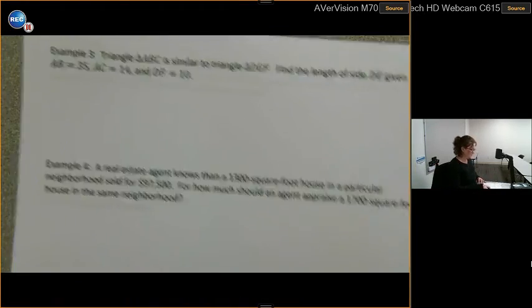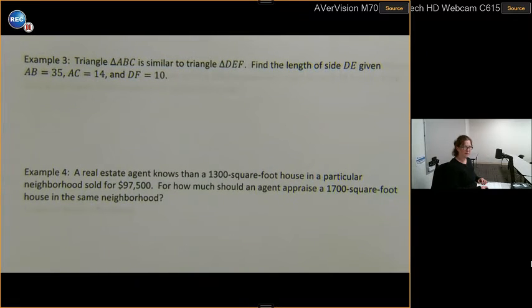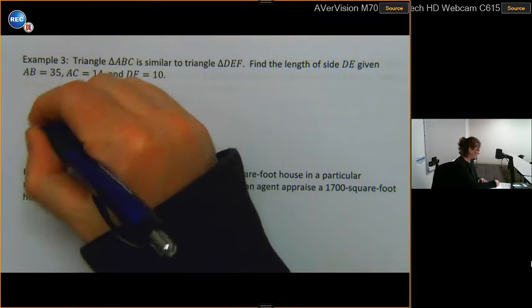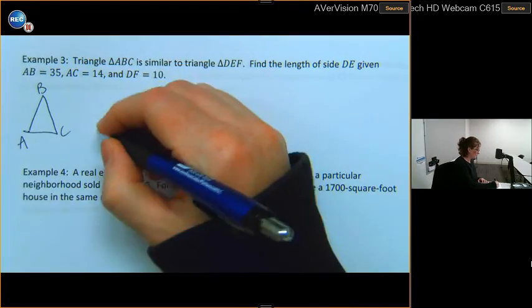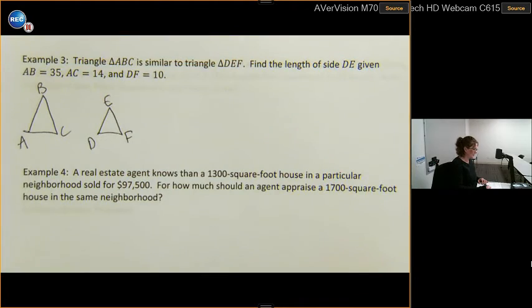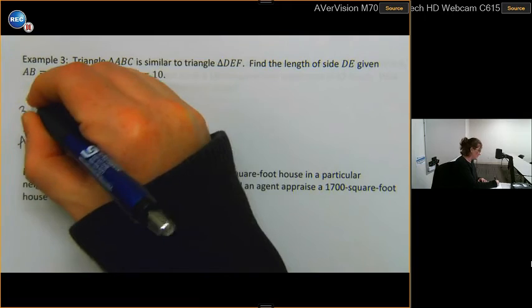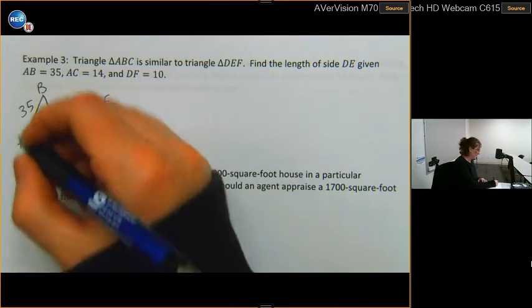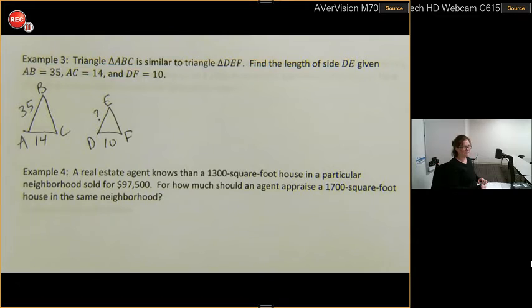So if we use similar figures to solve a problem, it says triangle ABC, I'm going to draw a picture, is similar to triangle DEF. Find the length of side DE given AB is 35, AC is 14, and DF is 10.